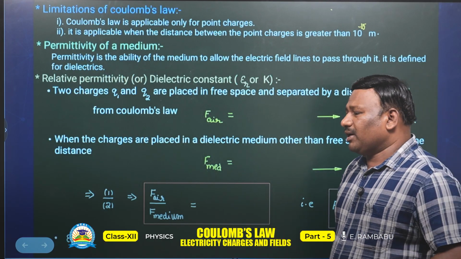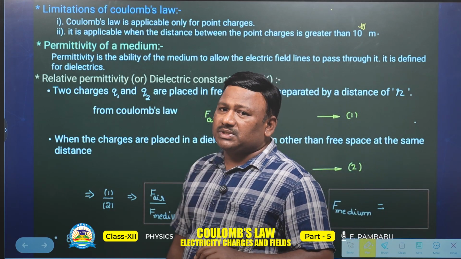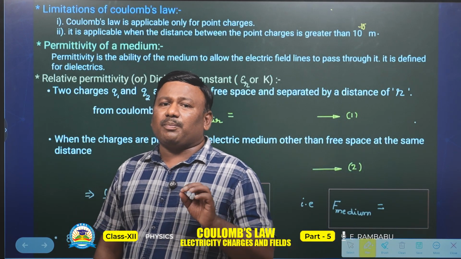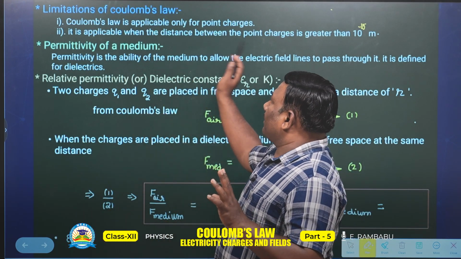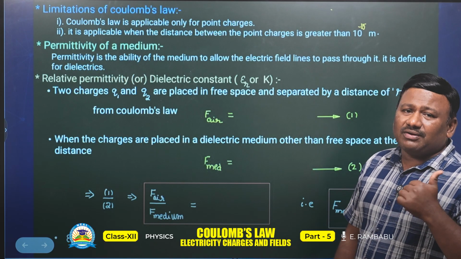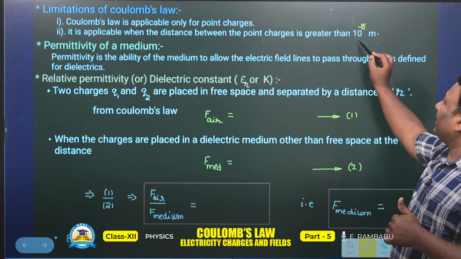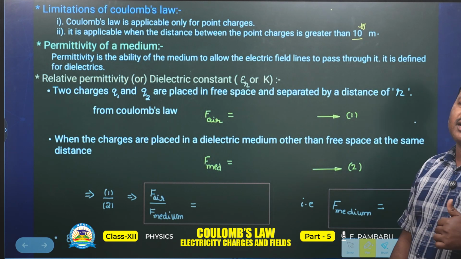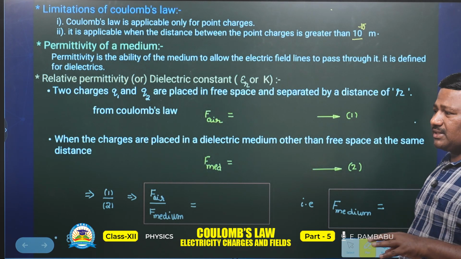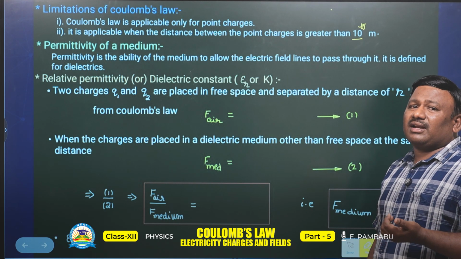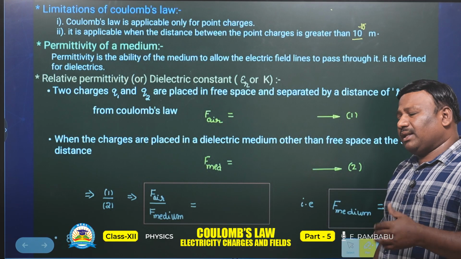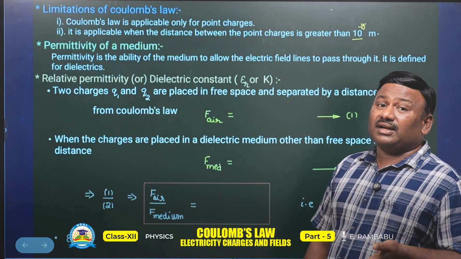So remember two limitations for Coulomb's law. First, it is only applicable for point charges. Second, it is applicable when the distance between the charges is greater than 1 Fermi or 10 to the power minus 15 meters. If the distance is equal to or less than 10 to the power minus 15, then nuclear forces exist.